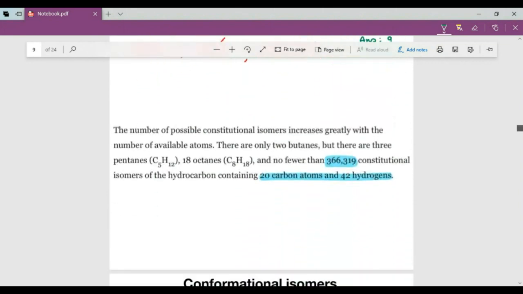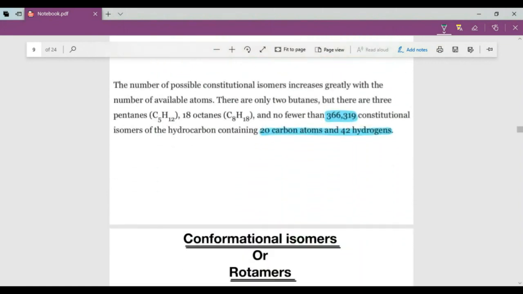Okay, let me tell you a fact: the number of positional constitutional isomers increases greatly with the number of available atoms. You must have felt it now. If you go for butane, there are only two structural isomers of butane, n-butane and isobutane.